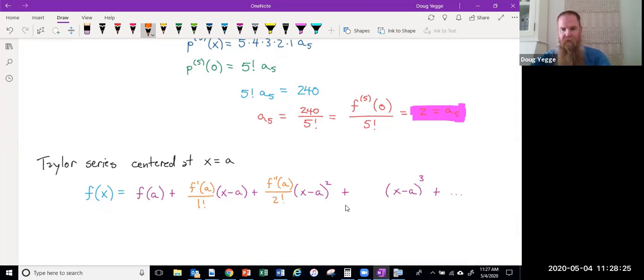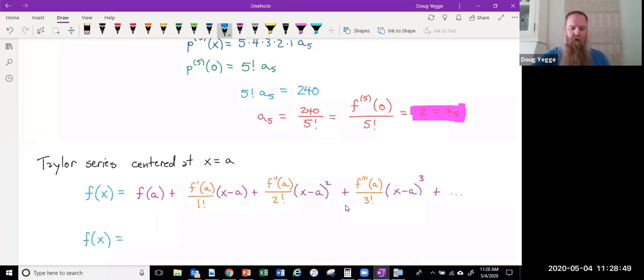And the next coefficient would be the third derivative evaluated at A divided by 3 factorial. And so in this process of creating a Taylor polynomial, you could even see that this first term is just f of A over 0 factorial.